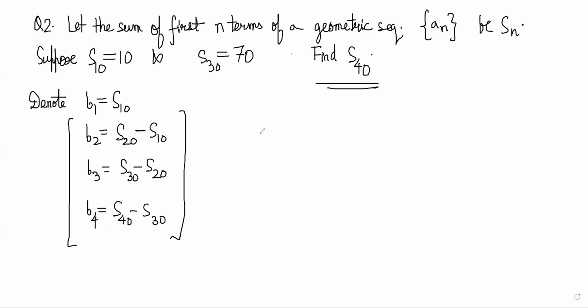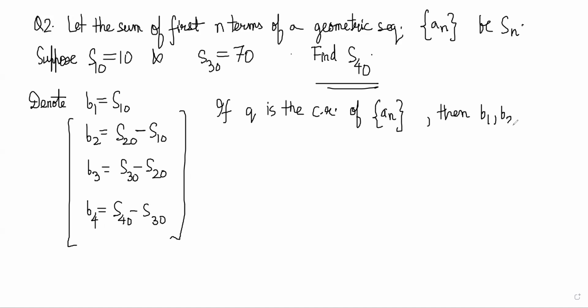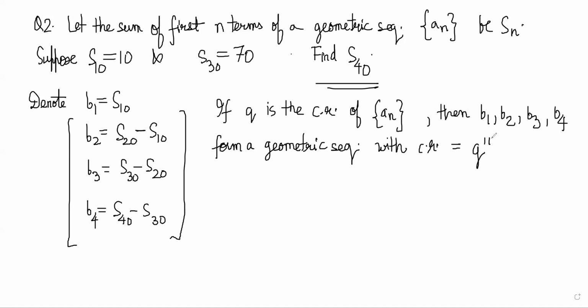So you will realize that if Q is the common ratio of the sequence an, then B1, B2, B3, and B4 form a geometric sequence with common ratio equal to Q power 10.